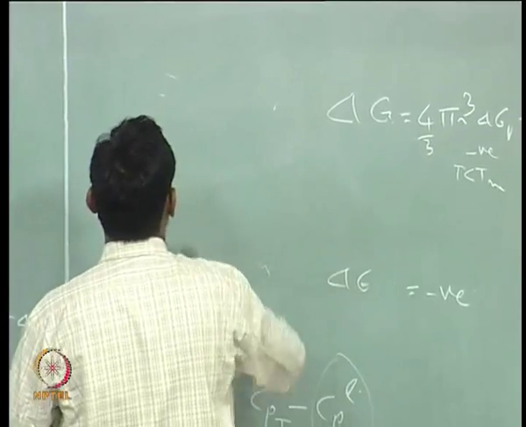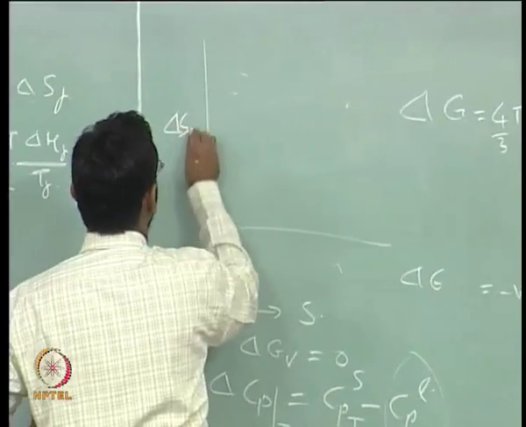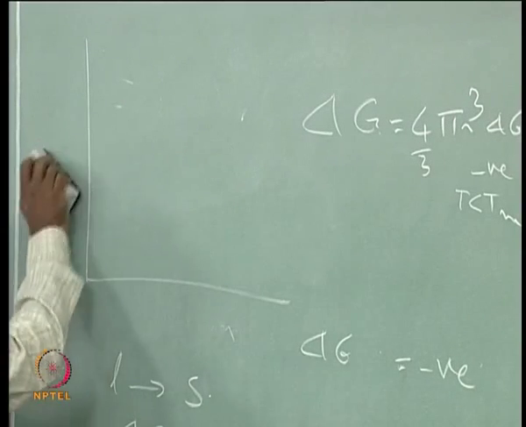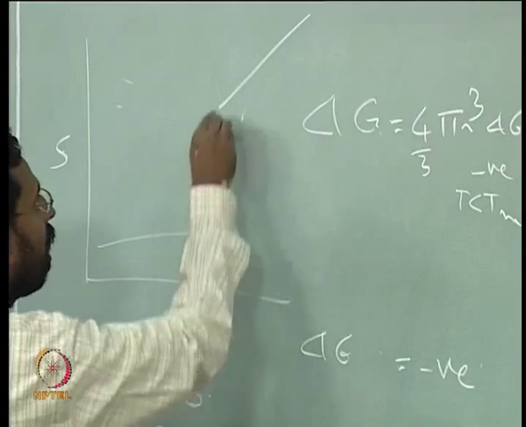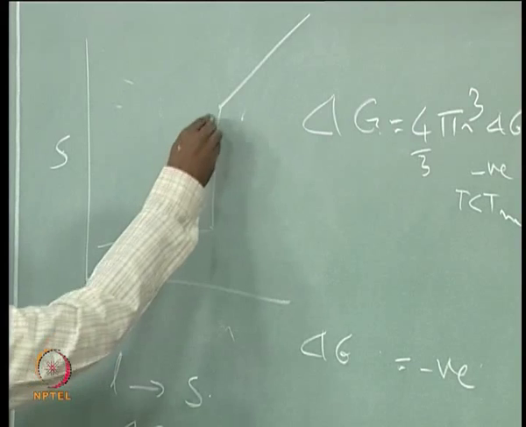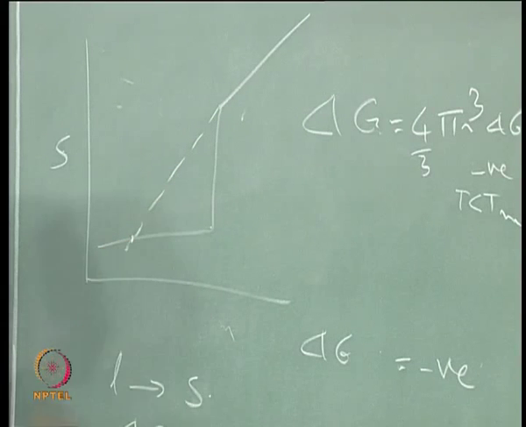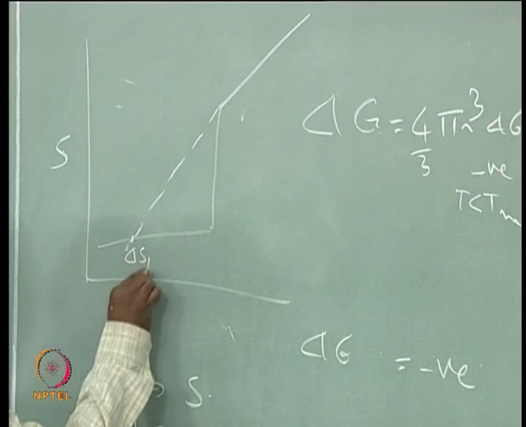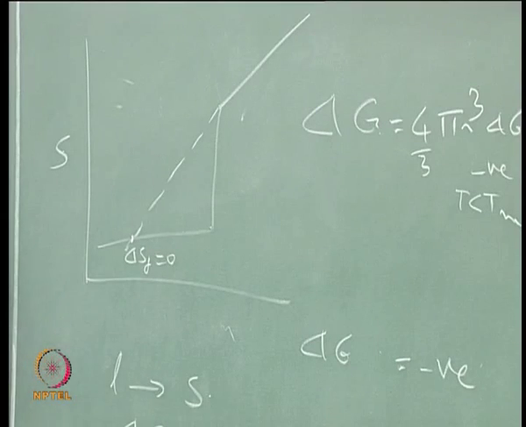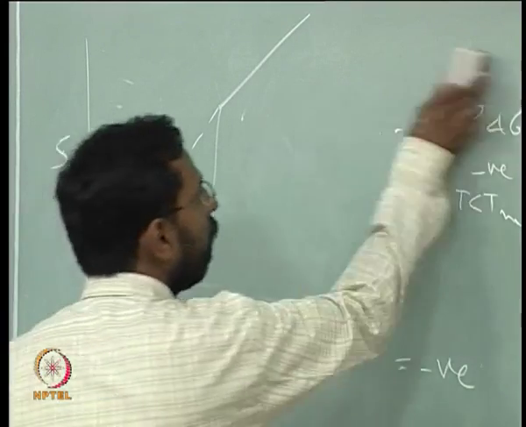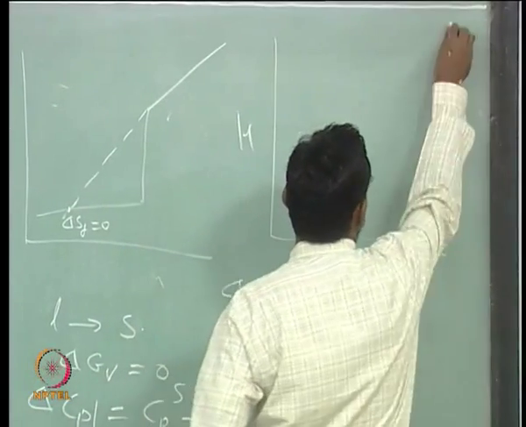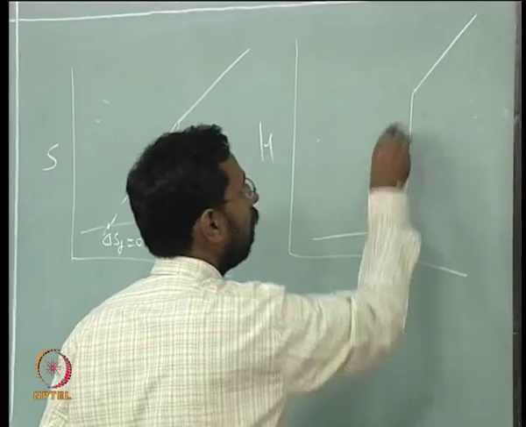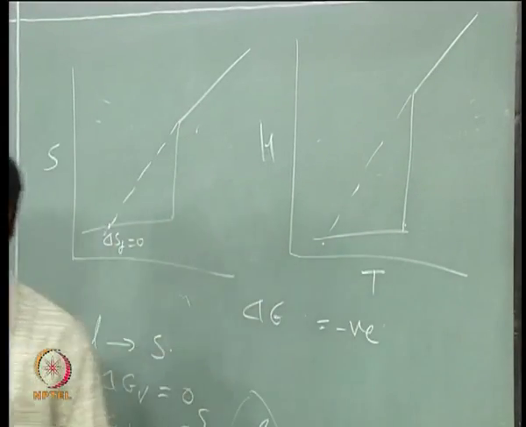If you remember, when you plotted delta Sf, or simply S, the entropy itself, you had this kind of a thing, and we said if I extrapolate this, at some point it intersects, and at that temperature delta Sf is 0. Similarly, if I draw H versus temperature, I will again see a similar situation.